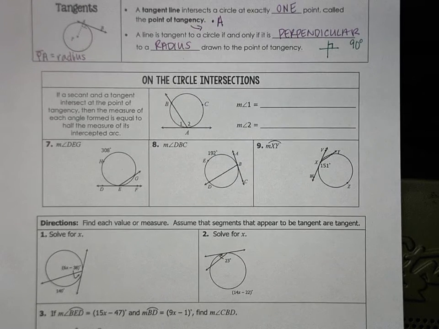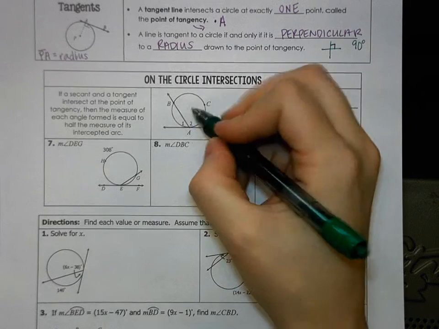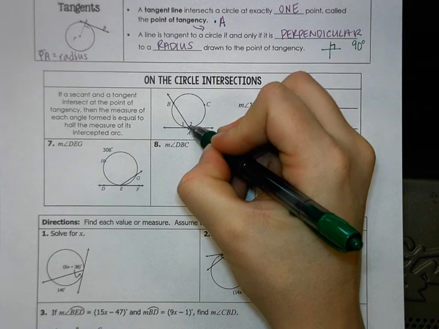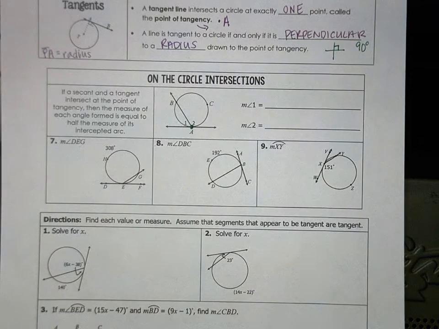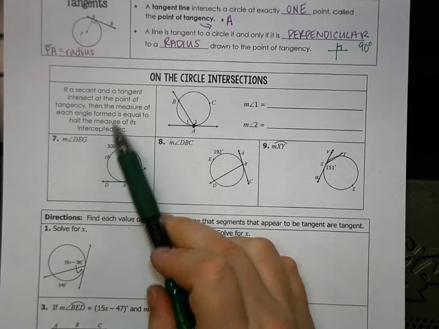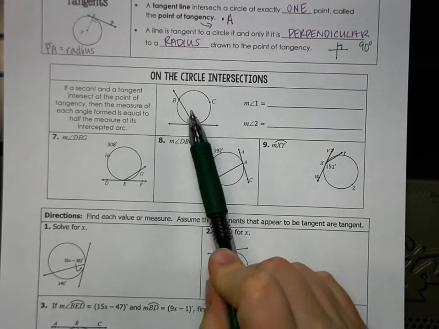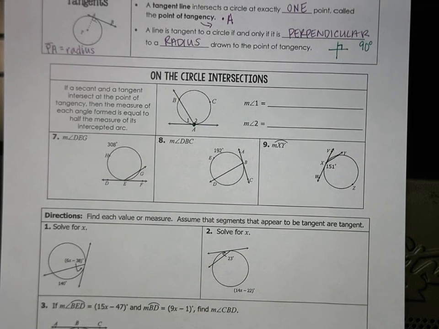If you have a tangent and a secant that intersect, so my point of tangency would be A, and that's also where those two lines intersect, then the measure of each angle formed is equal to half the measure of its intercepted arc.